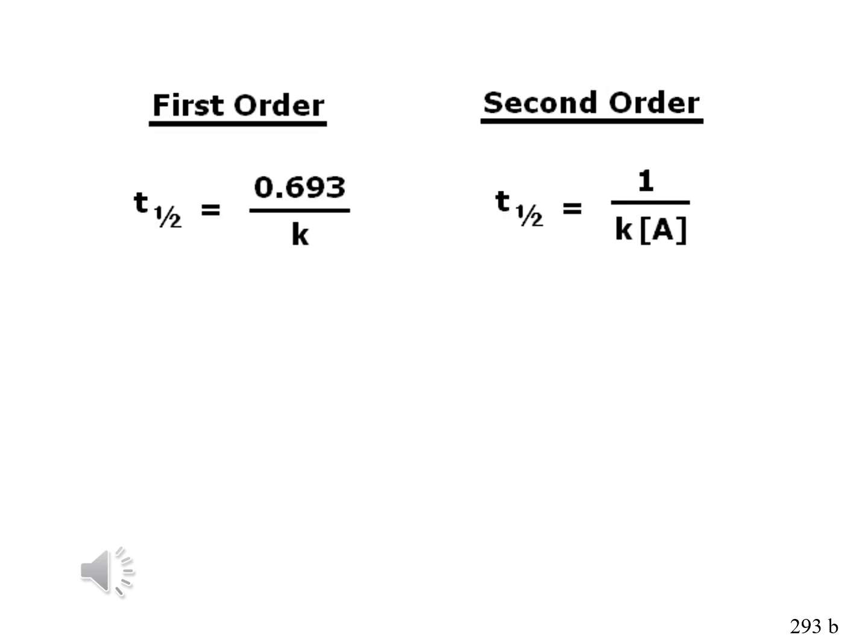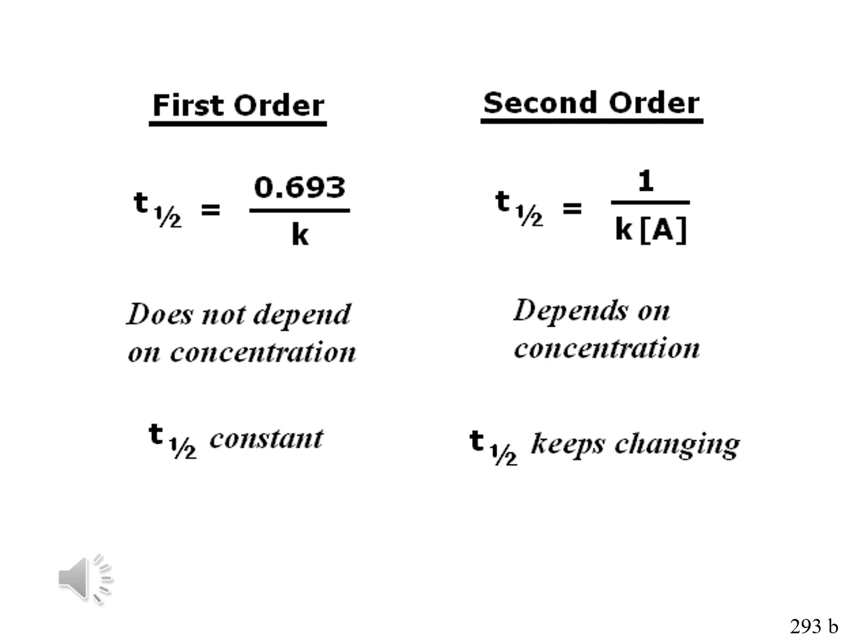If you compare them side by side, the first order equation does not contain concentration, but the second order one does. That means that for a first order graph, the half-life is constant, so no matter what you start with, you go to half in the same amount of time all across the graph.